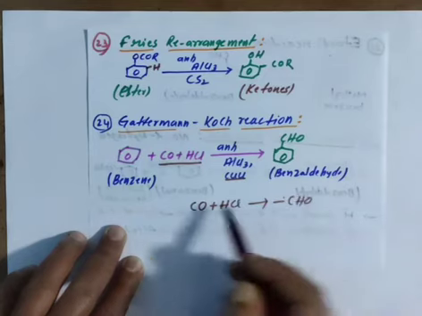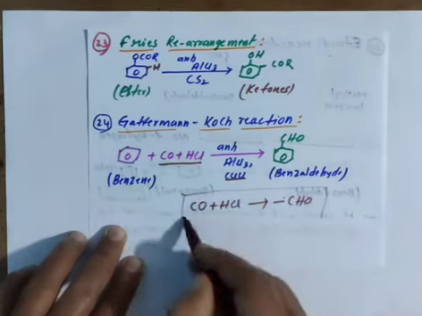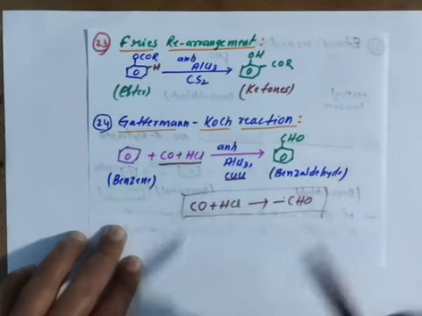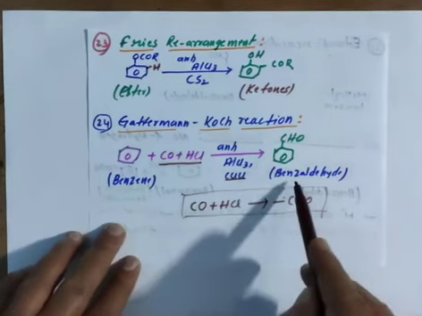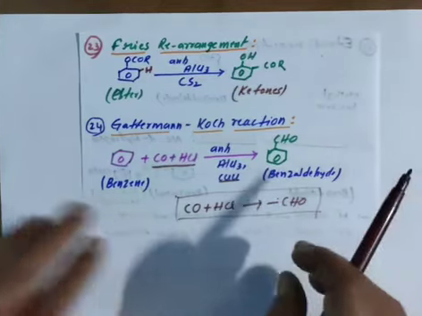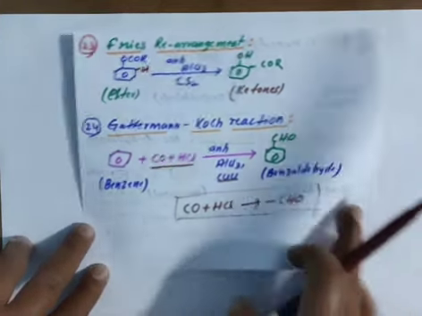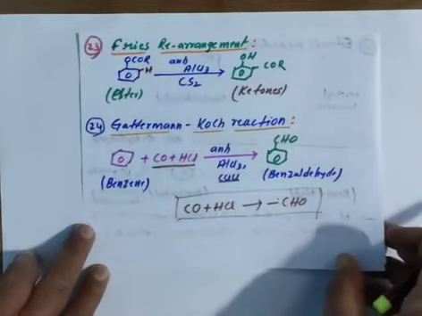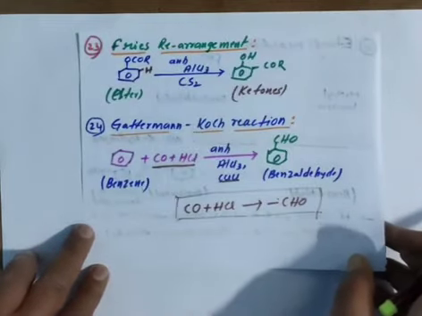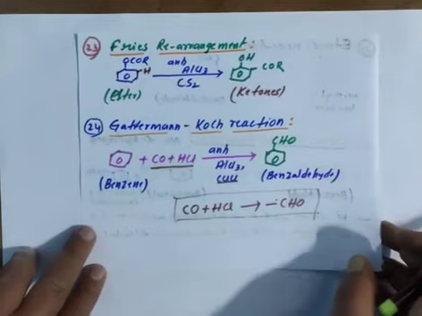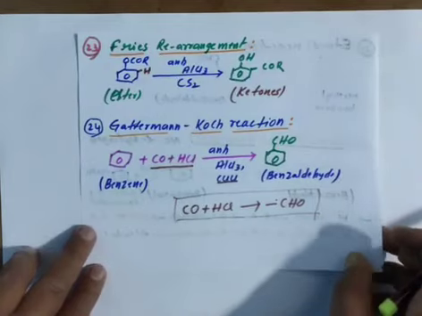This you have to remember. Clear? This CHO group will attack benzene, and you are getting benzaldehyde.